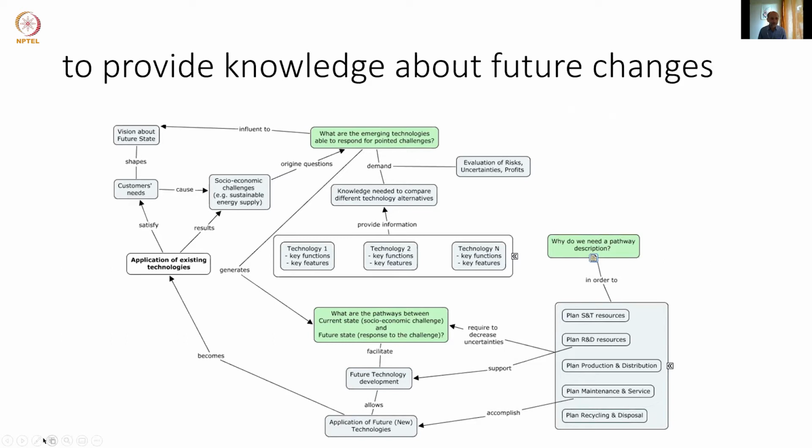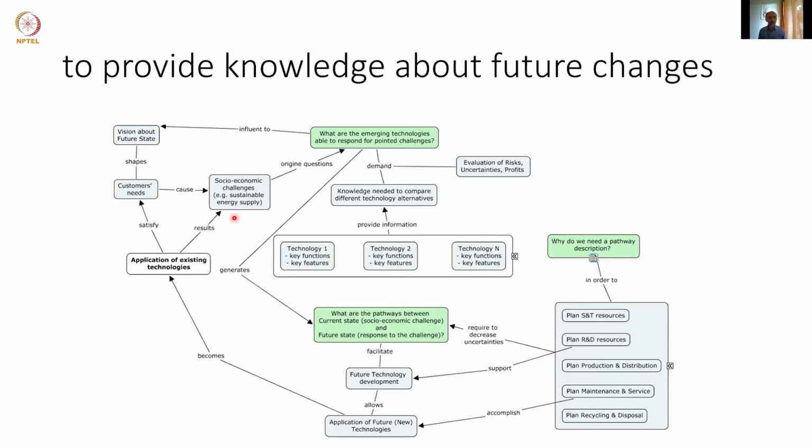If we start with the application of existing technology, whatever technology we use, for instance smartphones now, it will lead us to new customer needs. First, satisfaction of the customer needs: to communicate, to have access to the internet, to data, to entertainment. But it also results in new challenges like energy consumption, materials to produce and continue to run this technology, new knowledge, and new regulations also.